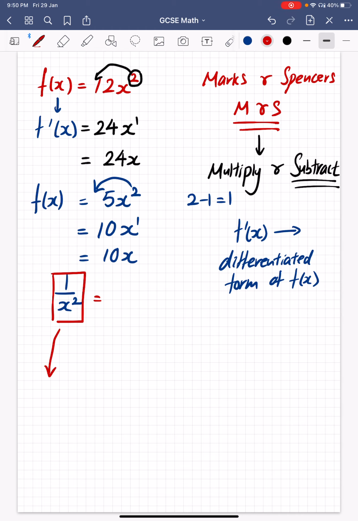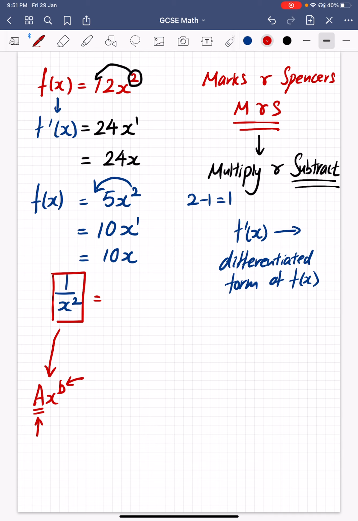And this specific form is ax to the power b. We have a coefficient in front of our x. This is our coefficient. And we have x to the power something. Because whenever we get it to this form, we know what to do. All we need to do is to multiply and subtract. So, how can we get it into this form?